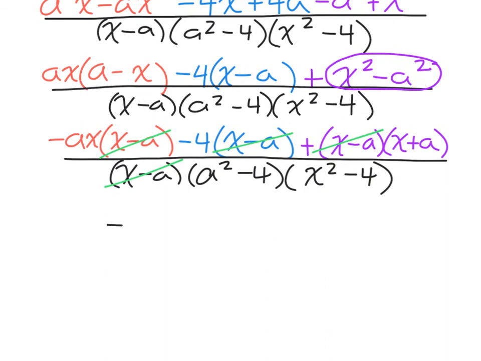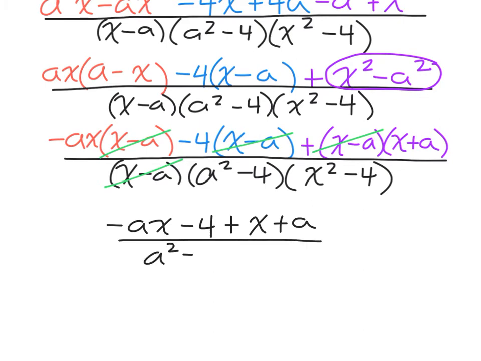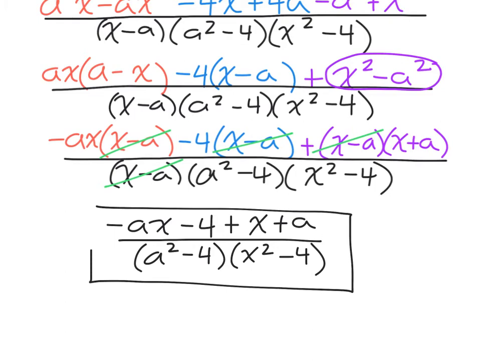On the top, I'll have a negative ax minus 4 plus x plus a, and on the bottom, just an a squared minus 4 and an x squared minus 4. And that's the answer for now.